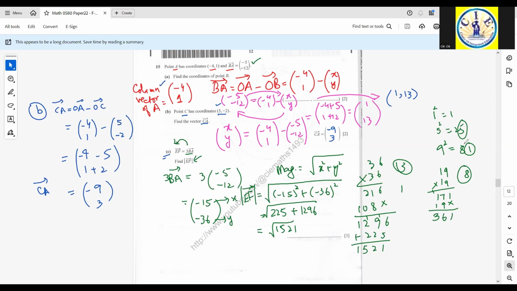361, no. For this, if this is 36, that number has to be greater than 36, because there is a sum of the 36 with this 225, and the number could be 39. 9 nines are 81, 9 threes are 27, and 8, 35, 3 nines are 27, 3 threes are 9, and 2, 11.